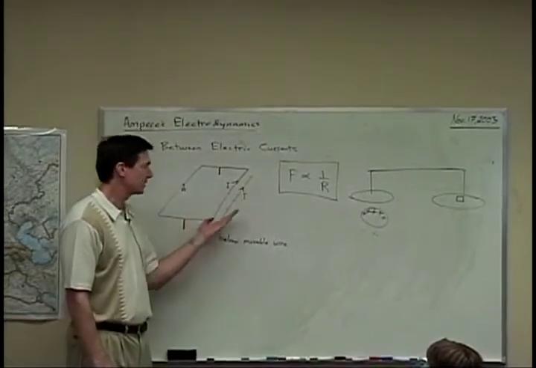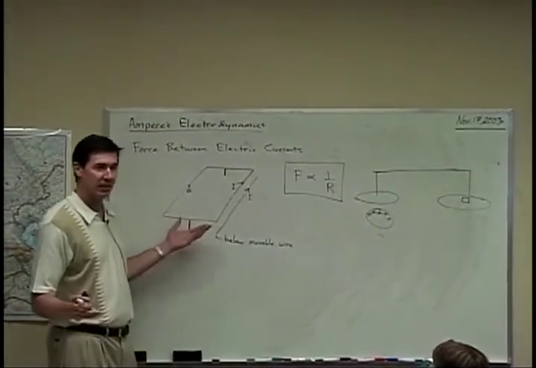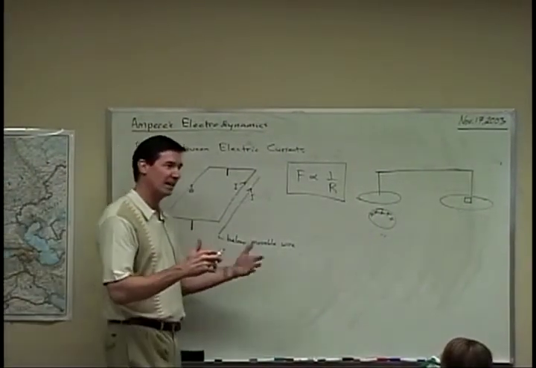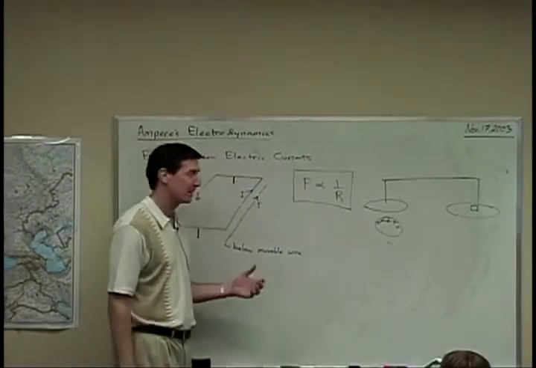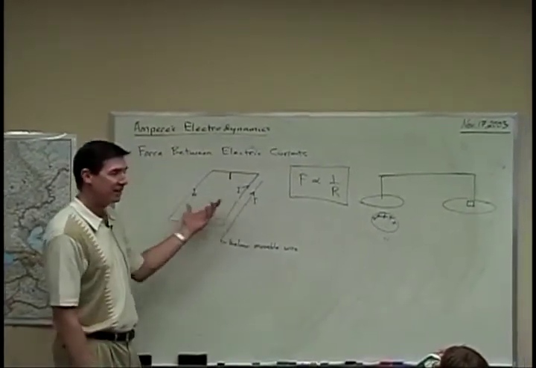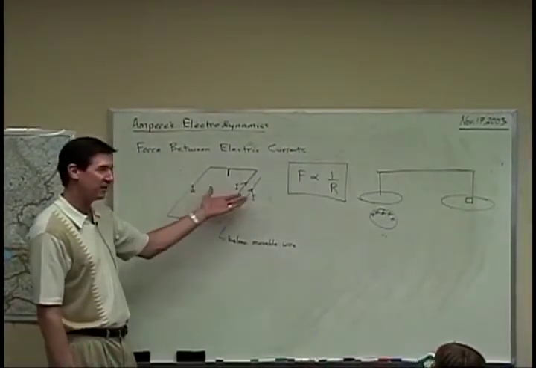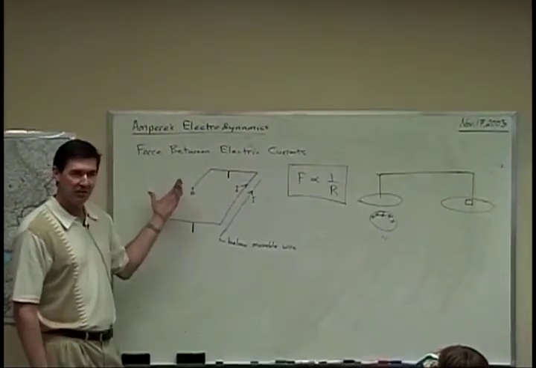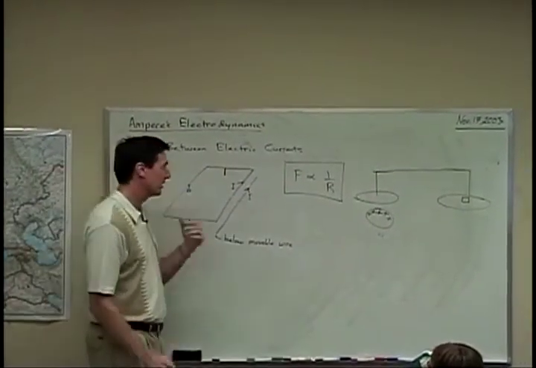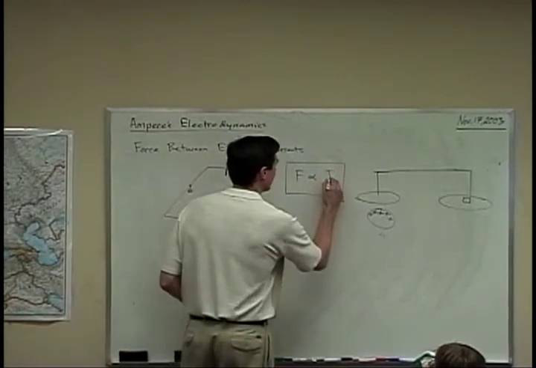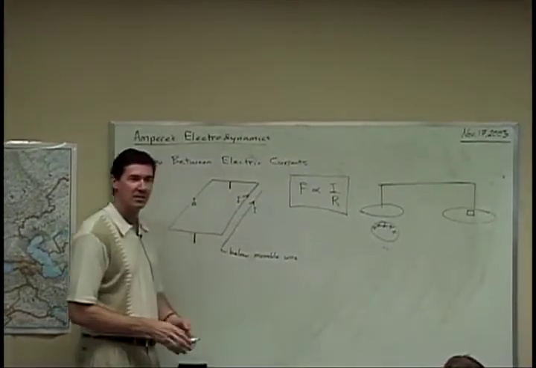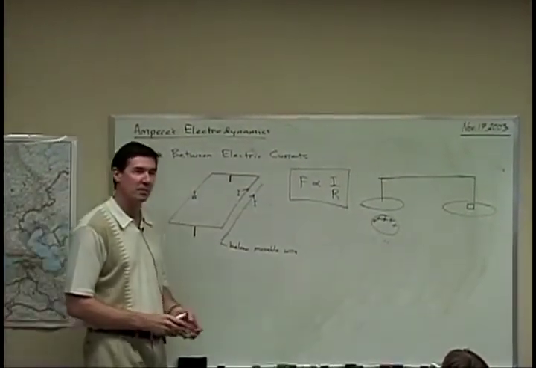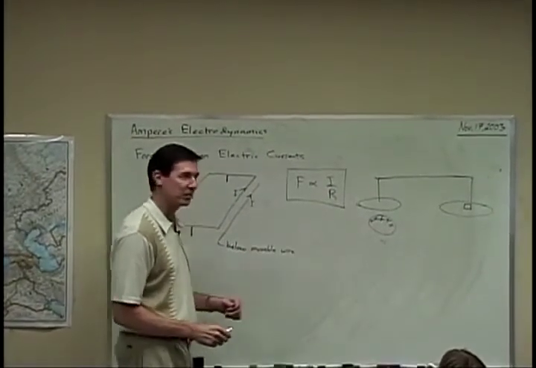You can keep the distance constant and vary the current just by adding in more batteries. And again, you find that it varies just the way Biot's original pendulum experiment showed. So you get that exact same relationship that Biot showed with the magnetic pendulum.